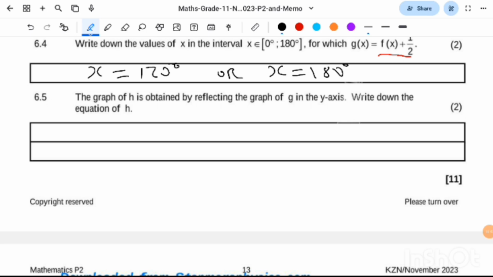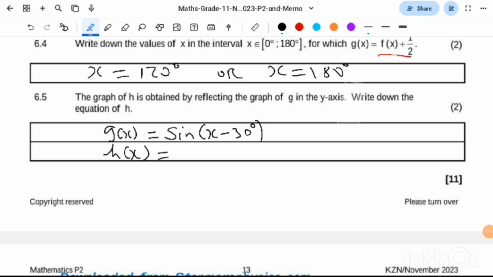So what was the graph of g? The graph of g of x was given as sine of x minus 30.